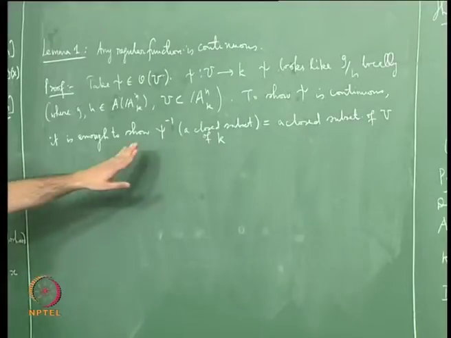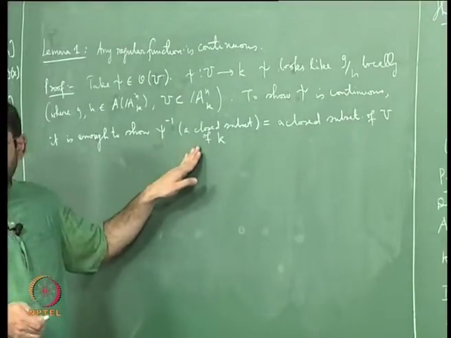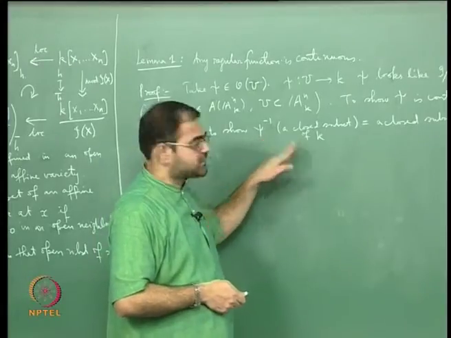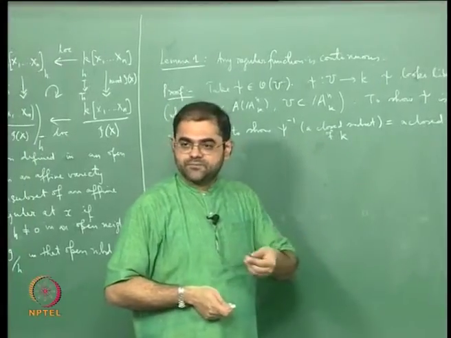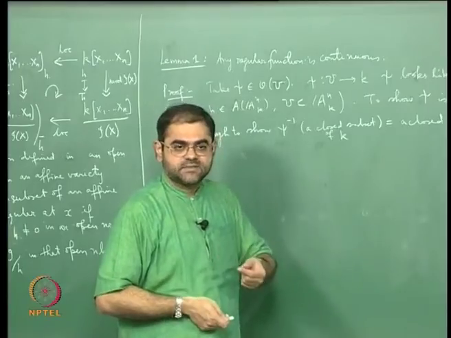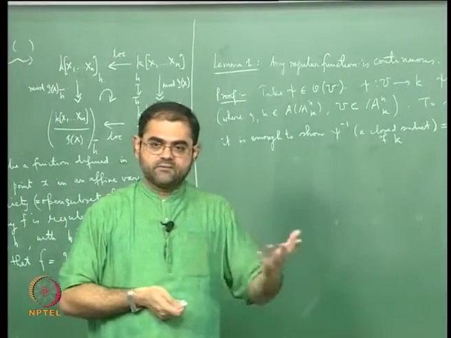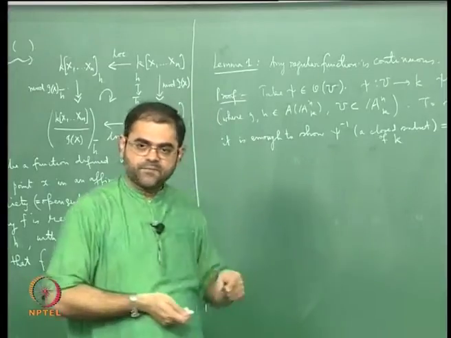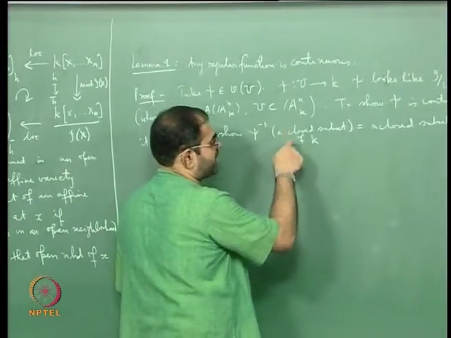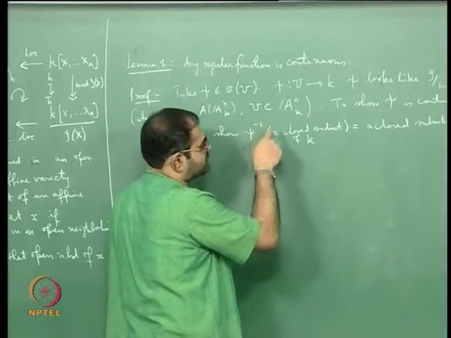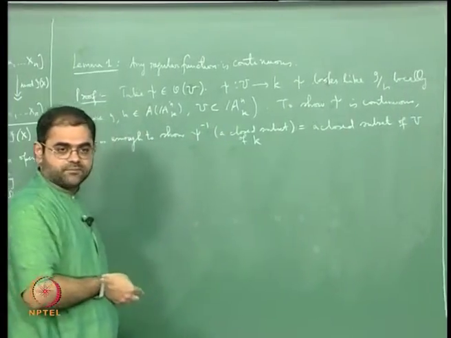So psi inverse of a closed set is just psi inverse of finitely many points, and psi inverse behaves well with respect to unions. Psi inverse of a union of sets is the union of psi inverse of those sets. So to show that psi inverse of a finite set of points is closed, it is enough to show that psi inverse of a single point is closed, okay.